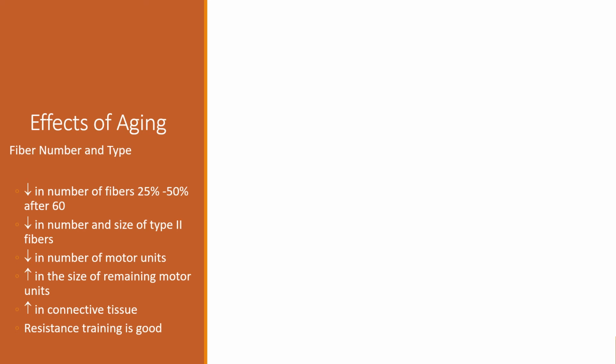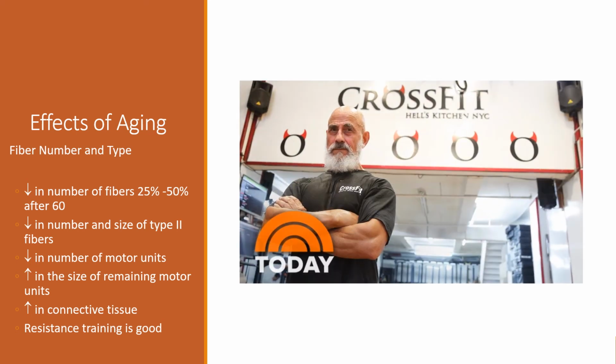The number of motor units goes down, but the size of the remaining motor units increases, so the fine motor control can decrease for that reason. As we have described before, because of disuse, you can have an increase in connective tissue within the muscle fiber itself. So the upshot of all this information is that resistance training as we age is really helpful.